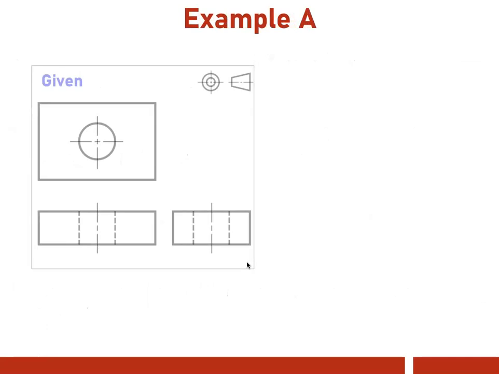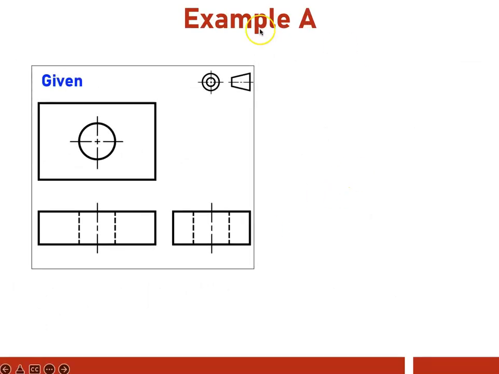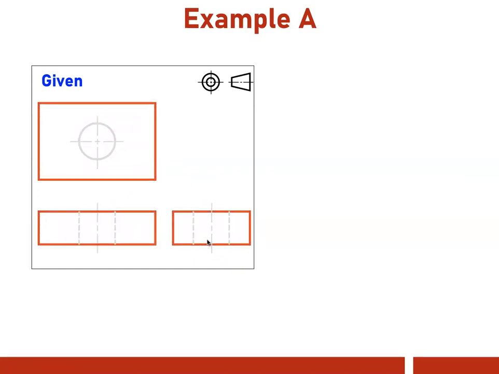So example number 1, or example A. Remember this sign or this icon means that you're viewing this in the third angle. So this would be your front view. Okay, given the front view, the top view, and the right side view. So these are the views that are given, and we want to construct our 3D object.